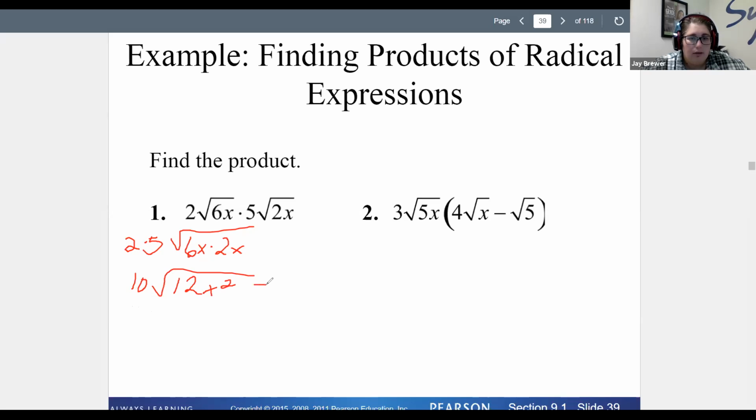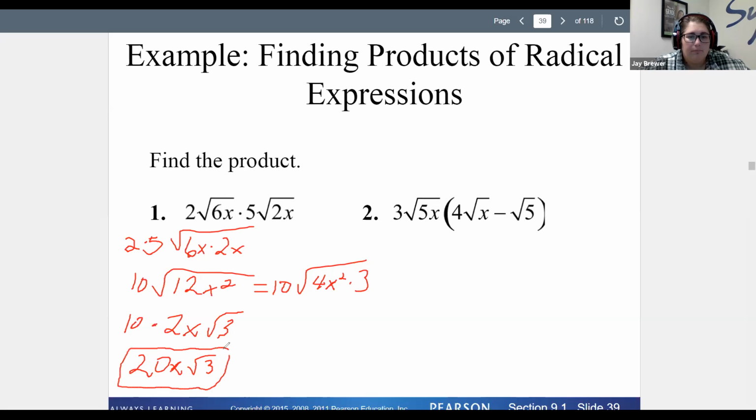So we can rewrite it as 10 square root 4x squared times 3. It's the same thing. So we're going to pull out a 2x and leave the 3. So basically, when you're doing these kind of problems, you're almost doing like 3 multiplication problems in one. Something like that. All right, so that one's done.